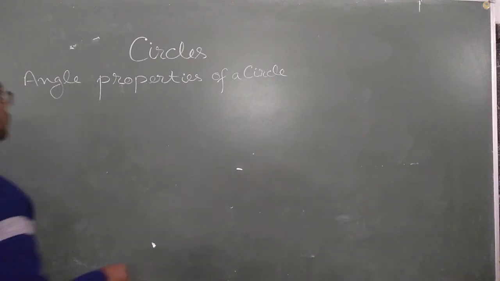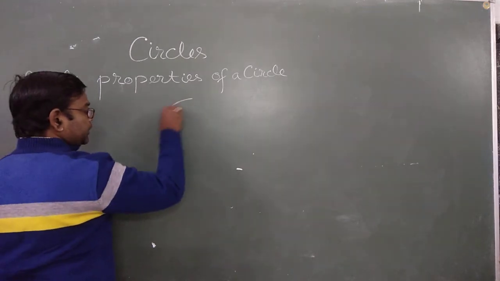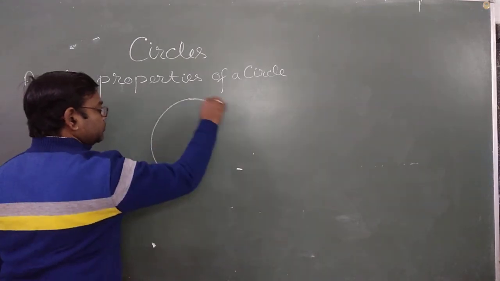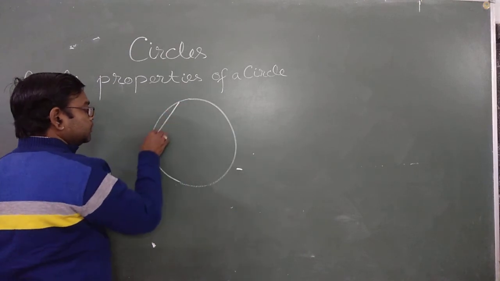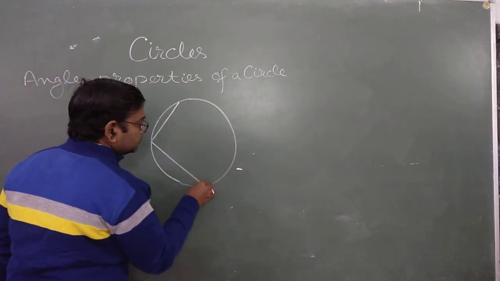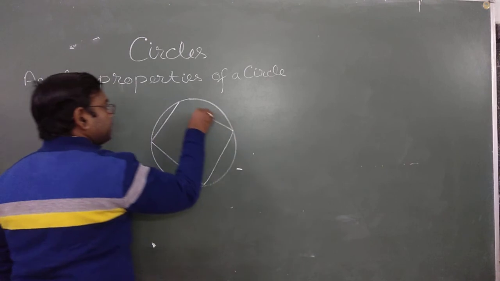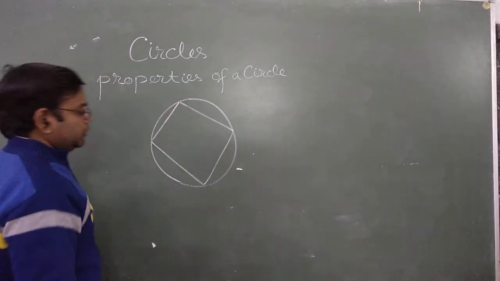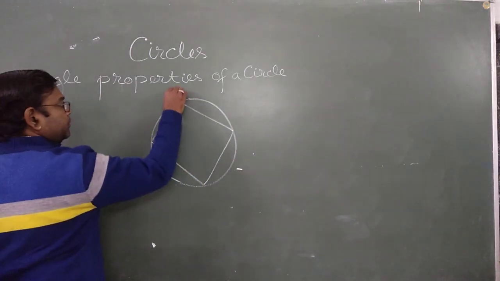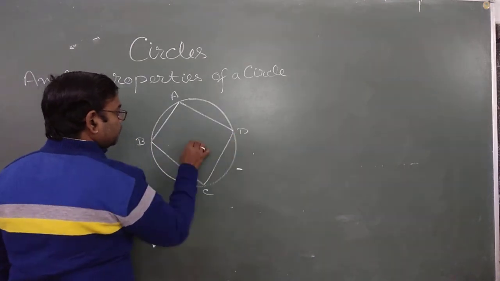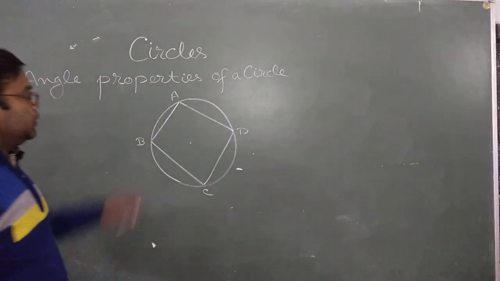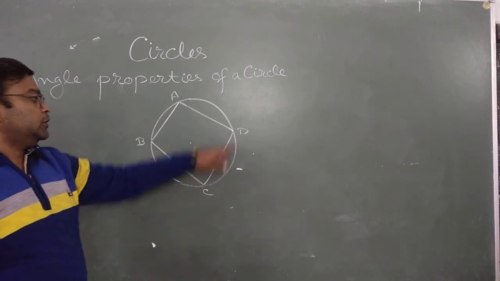Suppose we have a quadrilateral and the vertices of this quadrilateral fall on the circumference of the circle, which means each vertex of the quadrilateral A, B, C, D falls on the circumference of the circle.